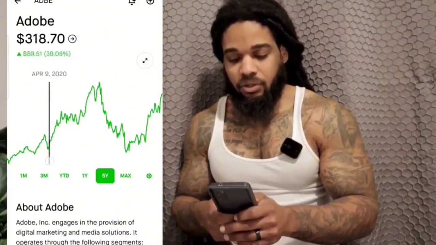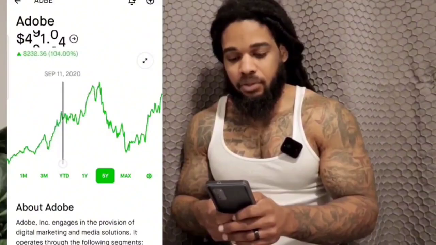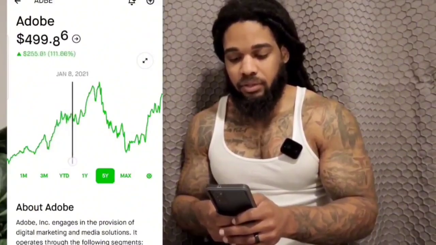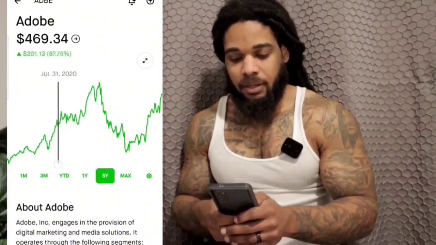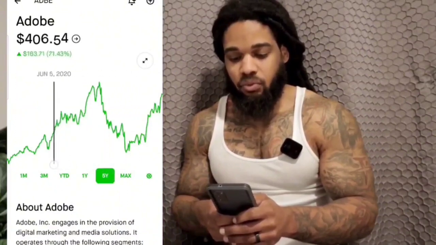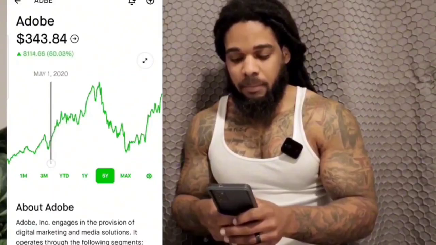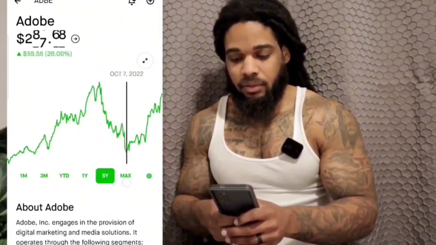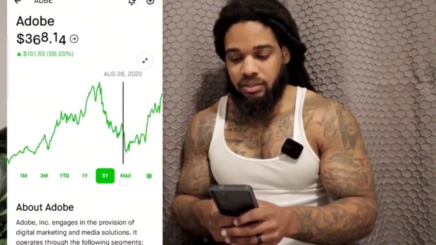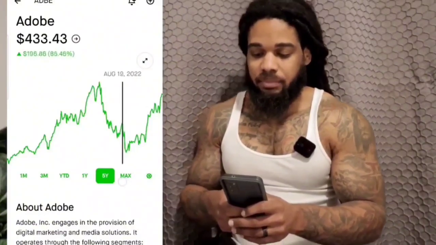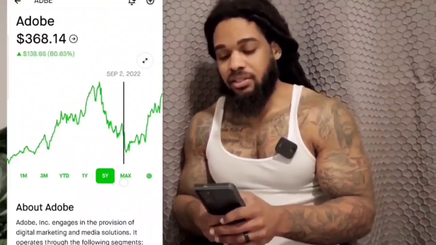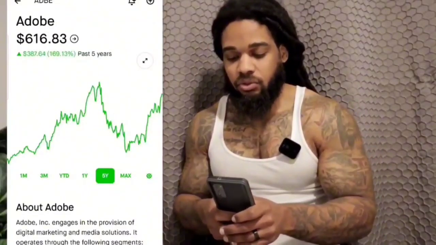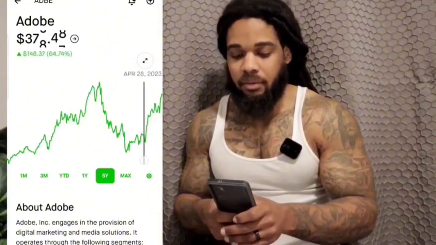And if you look at the chart right now, you can see that it has just been up from about May 2020 to about August or September 2022. So that's a long time, guys. So the potential that the stock was going to go back up is very high, in my opinion.